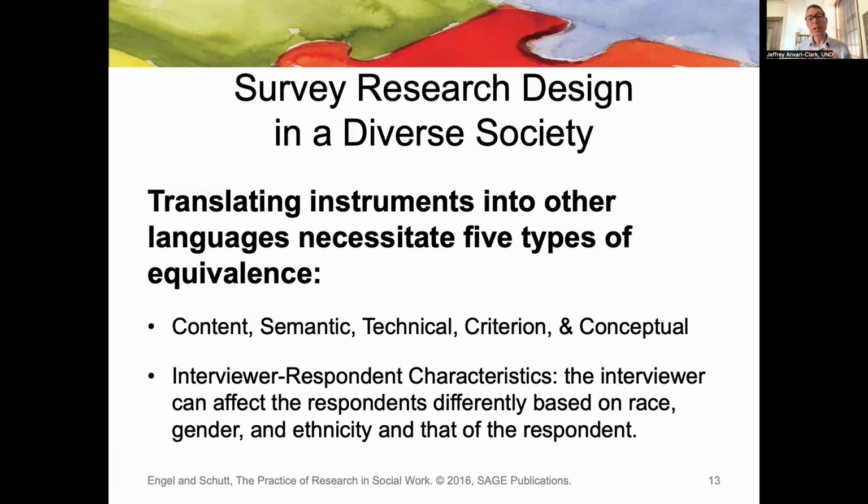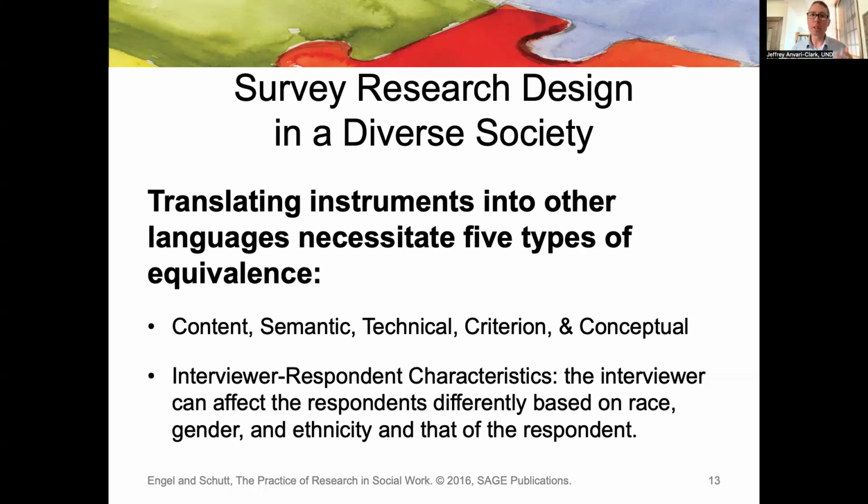And if there's a person interviewing, that person, based on their race or their gender or their ethnicity, if it's different or if it's the same as the respondent, that's going to also impact how the person responds. So just simply being present and knowing that there's something going on will influence the outcome.